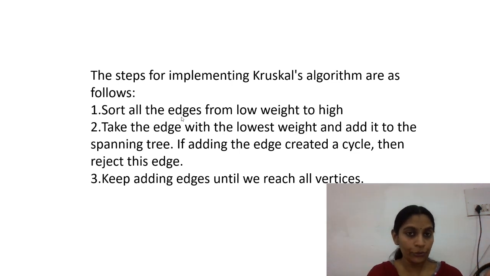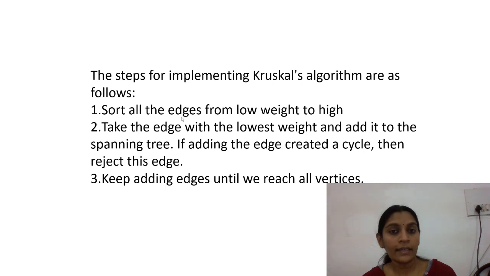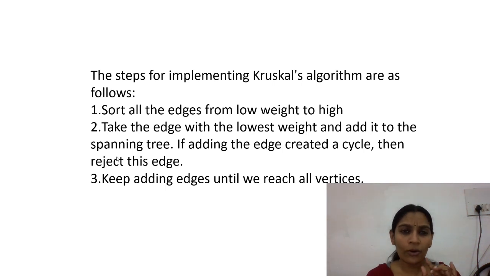If it is creating a cycle, then you should not add it; you should reject it. That is the only condition you have to check. Third is to keep adding edges until we reach all vertices. A spanning tree will have all the vertices and some edges where all vertices are connected, and the edges considered give you the minimum cost. So there are only three steps, and we'll see them one after another.